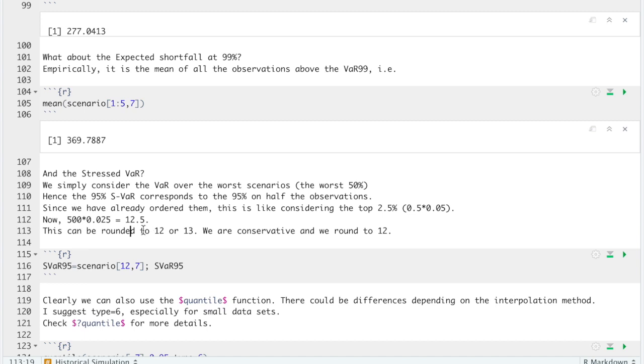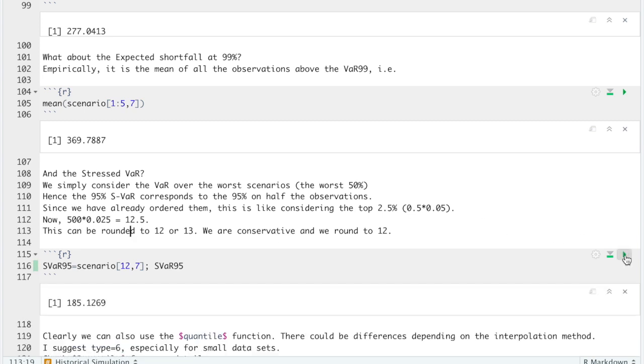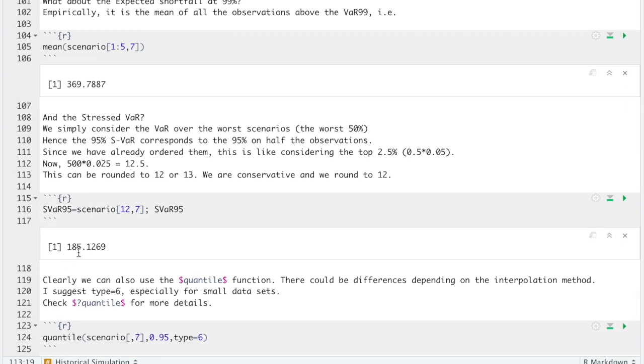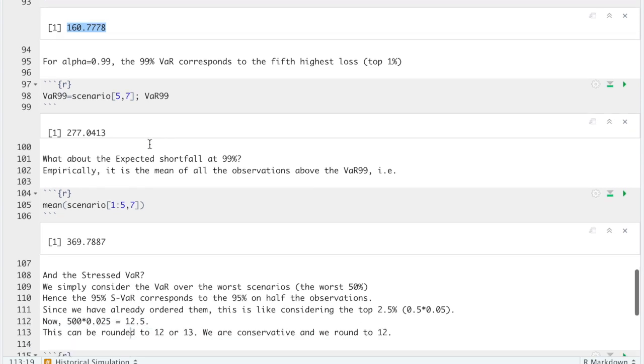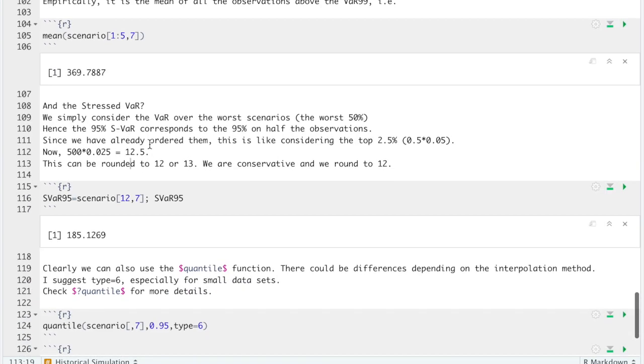We have to round to either 12 or 13. If you want to be conservative, you can pick the biggest one. So if you do that, the stressed VaR at the 95% confidence level is 185,000. And as obvious, this value is larger than the original 95% value at risk, because we are just focusing on the worst scenarios, those that generated the worst losses for us.